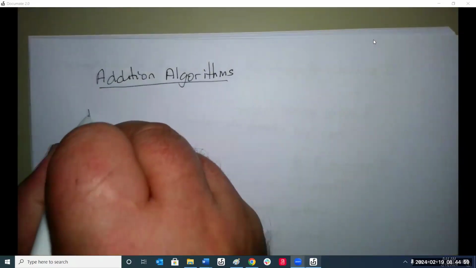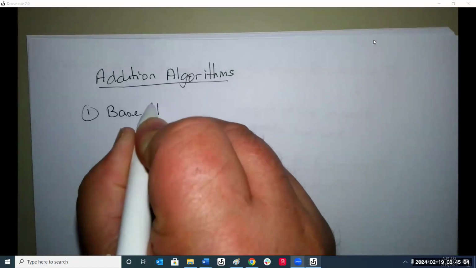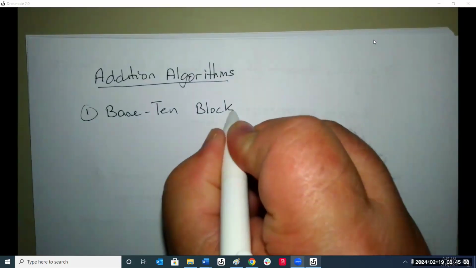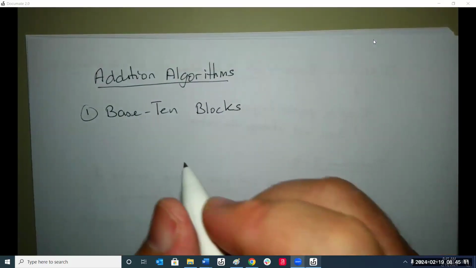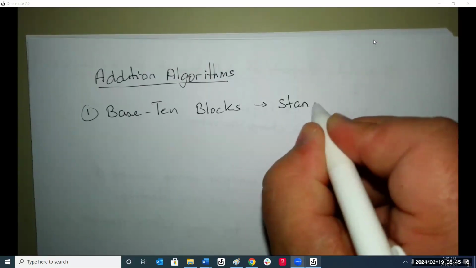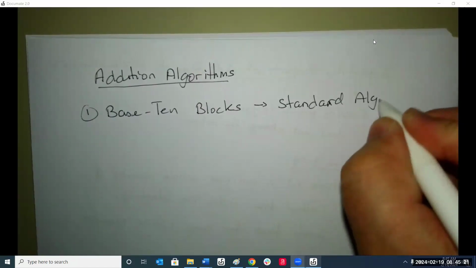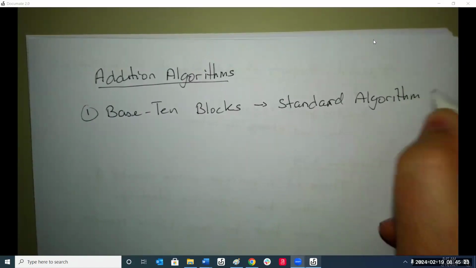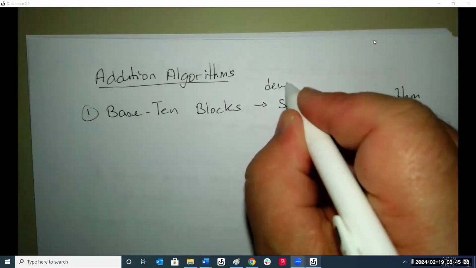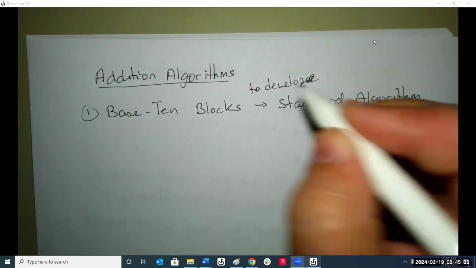So first one we're talking about is the base 10 blocks. This develops the standard algorithm.